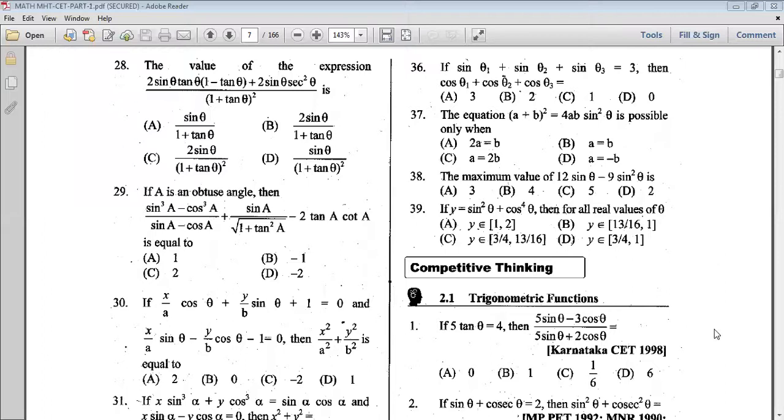So this 38th problem. What is the maximum value of this expression? 12 sine theta minus 9 sine square theta. What is the maximum value of this expression?